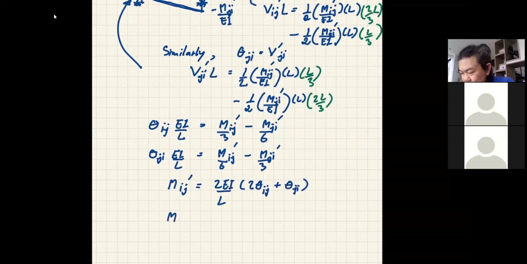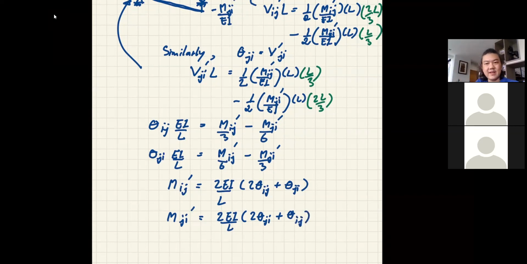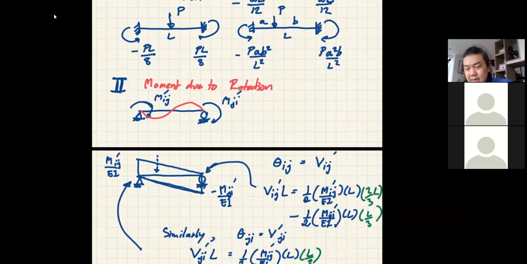And then likewise, Mji prime is going to be equal to 2EI over L, 2 theta ji plus theta ij. So you can see that the things are taking shape, right? This is the moment, that is displacement, and therefore this little term in front is the stiffness. Okay, and now we only have the relationship of the moment and rotation.